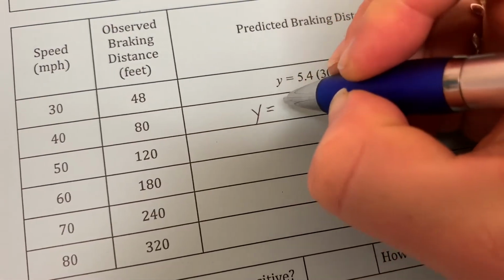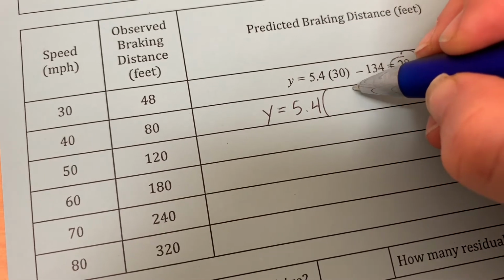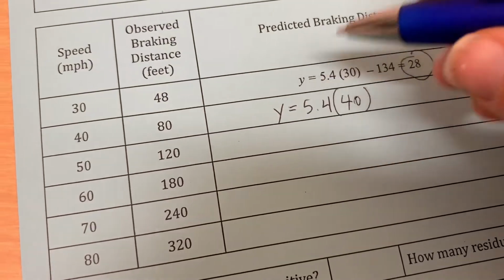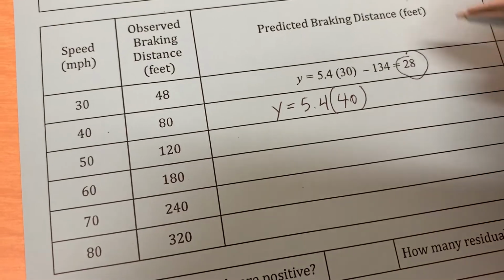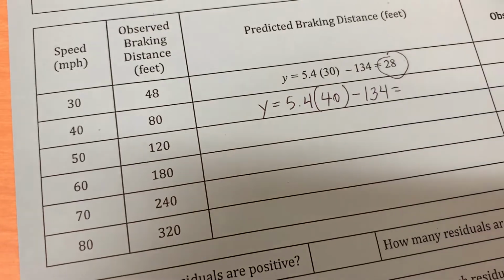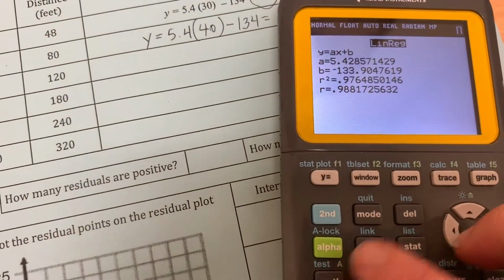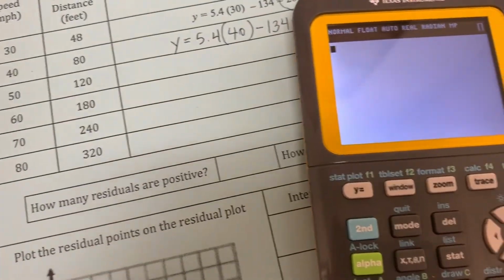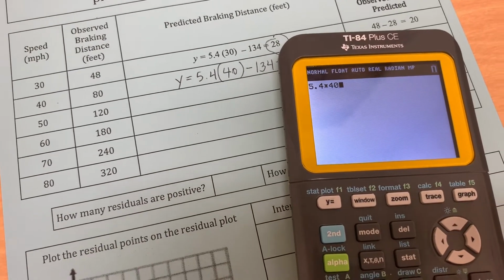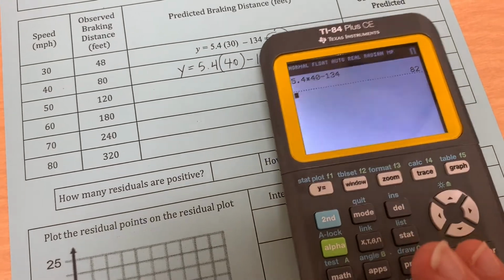Now I'm going to show you again how to do the second one. So y equals 5.4 stays the same. It is our constant increasing. We're multiplying that times 40 because our x is 40, and we're still going to subtract 134 from that. So I need to get back to my calculator. We have 5.4 times 40 minus 134, 82.